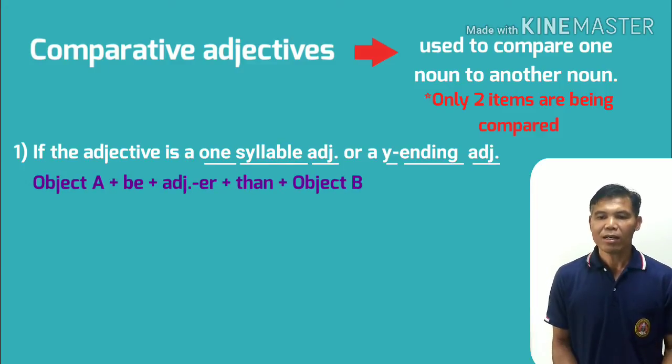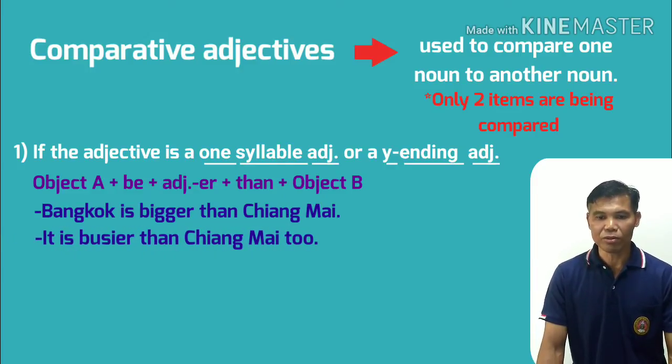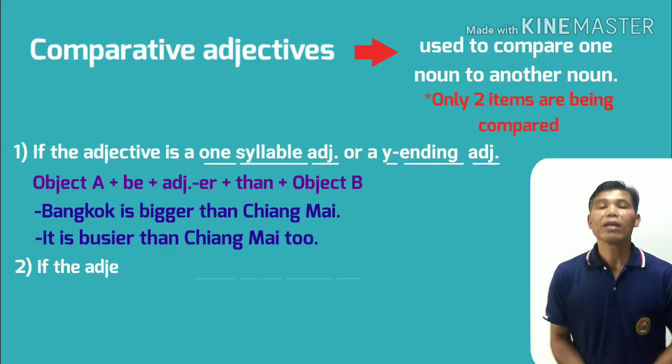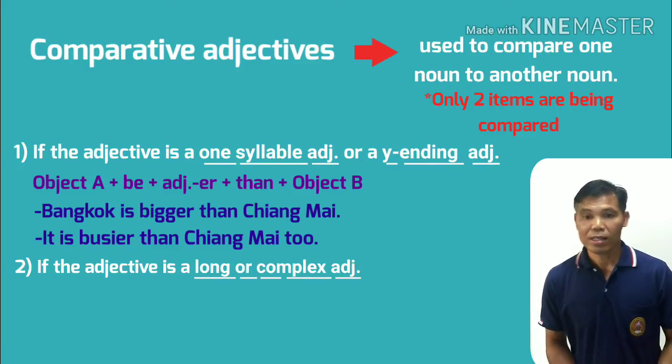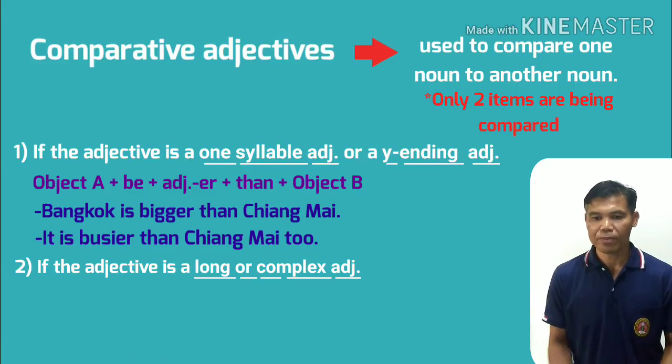Object A plus B plus adjective in ER form plus than plus object B. For example, Bangkok is bigger than Chiang Mai. It is busier than Chiang Mai too. But if the adjective is a complex one or it is a long one, we use the following pattern for comparison.